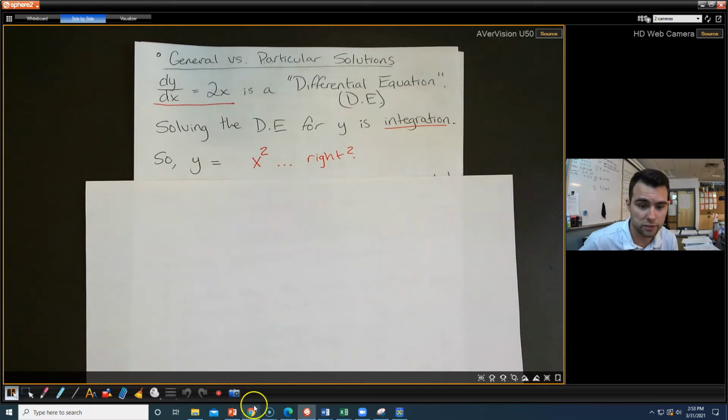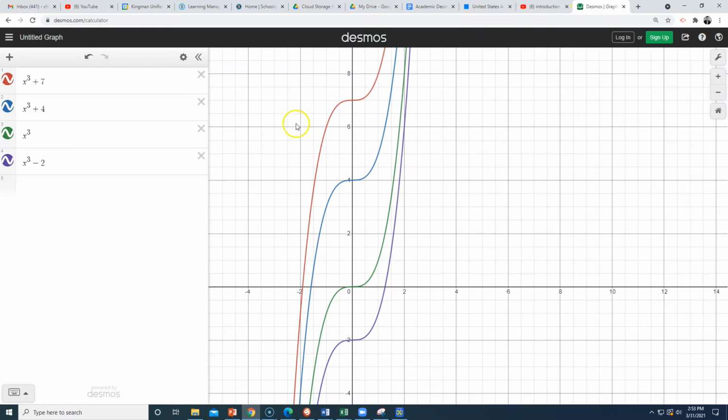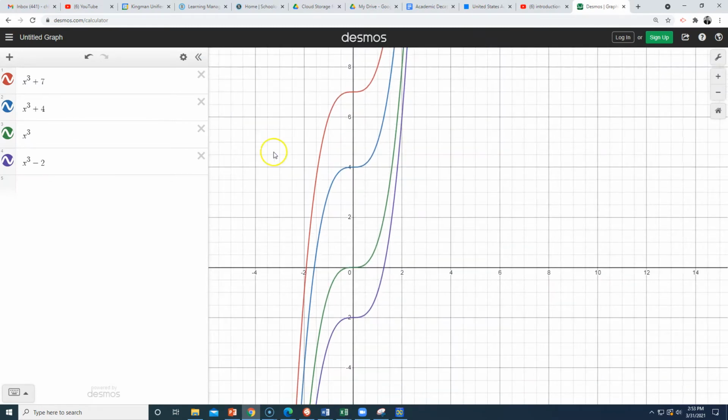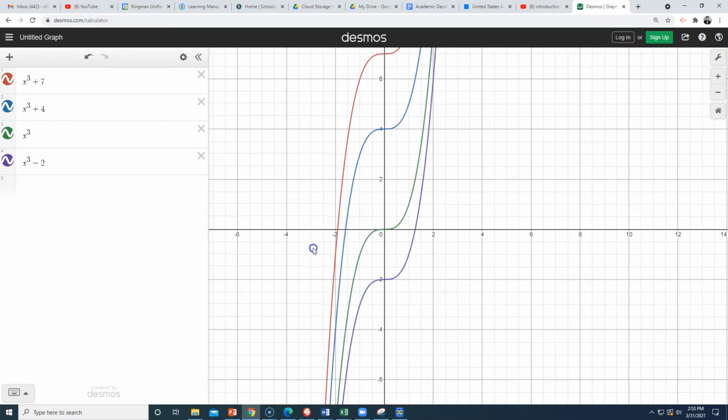Let's go to Desmos. Okay, so I want to actually look at these three curves, and this is actually out of your book. But if you notice, all of these curves are x to the third power. But notice, they each have a different constant. This one has a constant of 0.